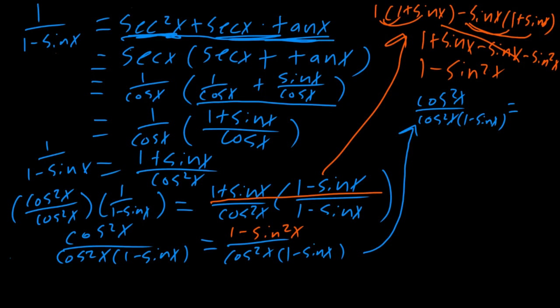And then 1 minus sine squared of x is cosine squared of x. So both these sides match, and they both have the same denominator. We've verified the identity.